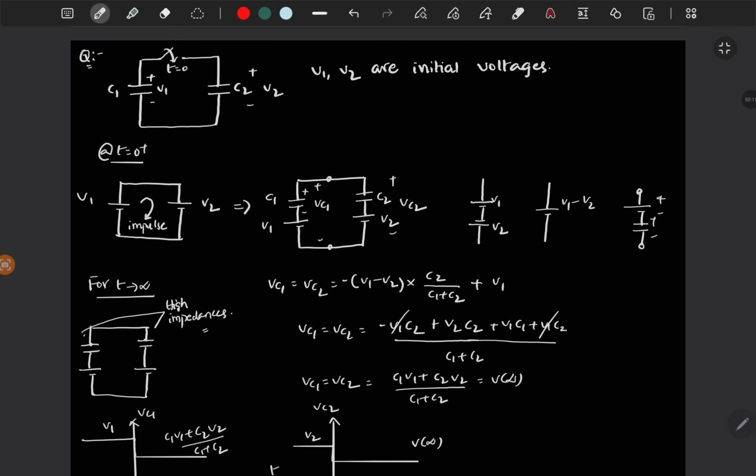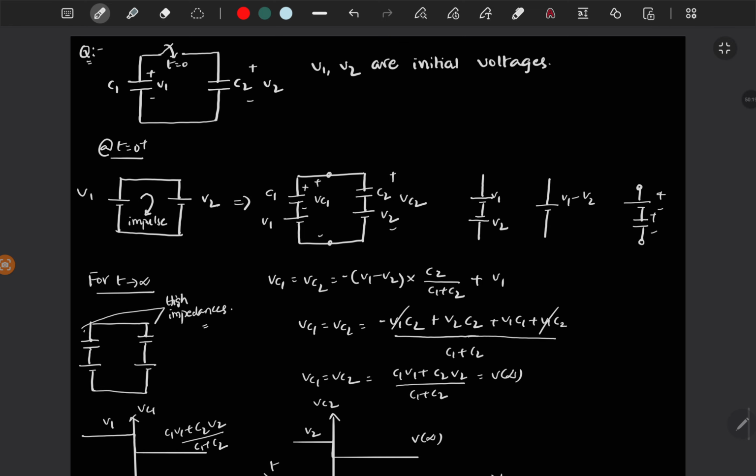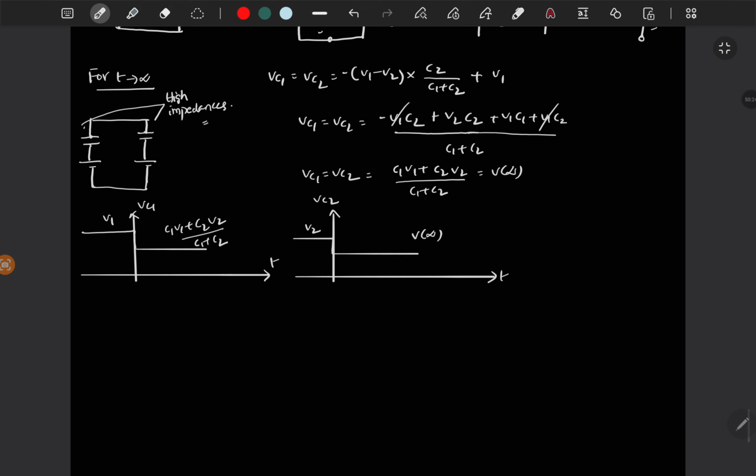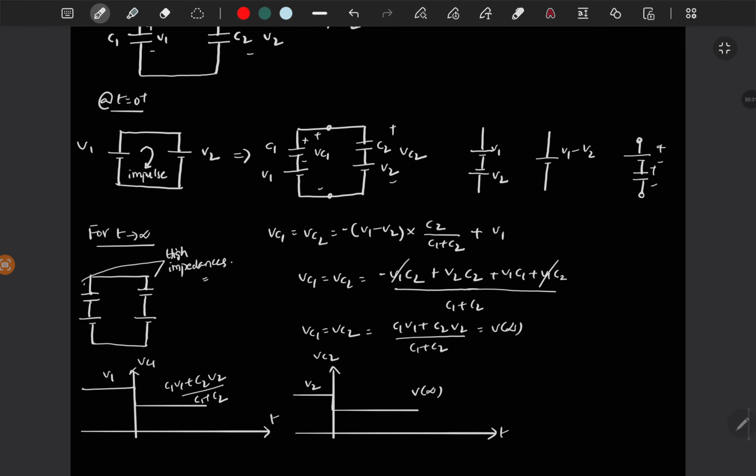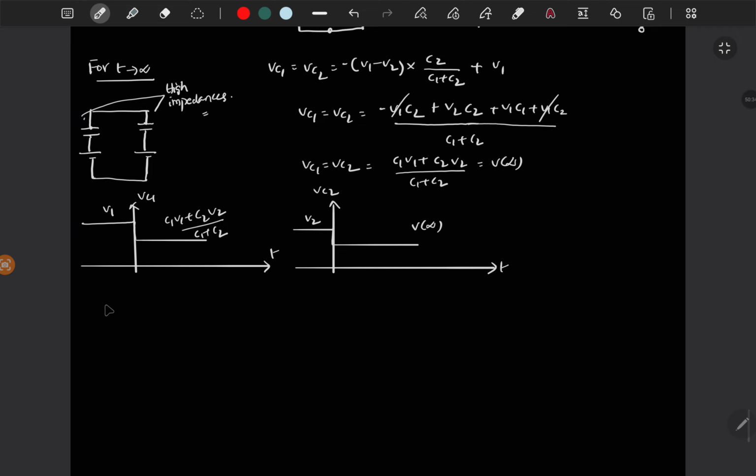The same circuit you can also solve by using charge conservation. If you see, this circuit has initial voltages of V1 and V2 for t less than 0, right? For any circuit, charge conservation should hold, right?